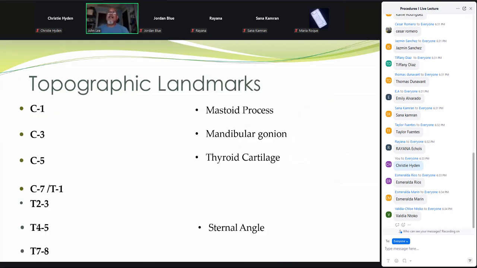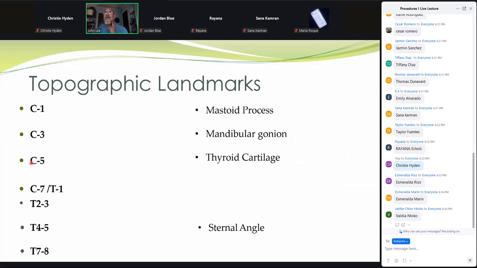So our topographic landmarks. For the most part, the column on the left is the internal structure, and the column on the right is the palpable landmark itself. So C1 corresponds to the mastoid process. C3, the mandibular gonion.